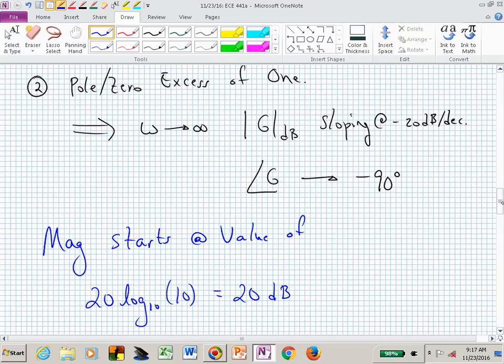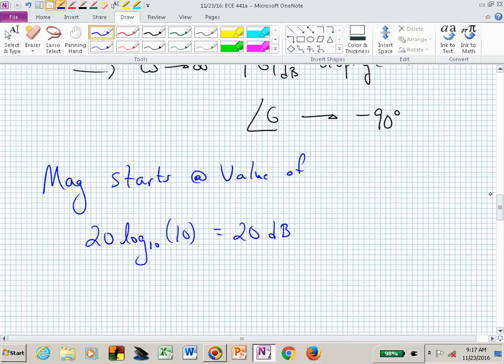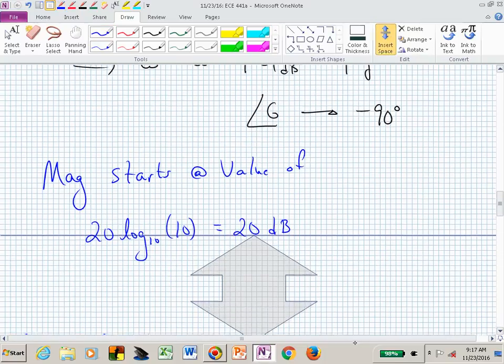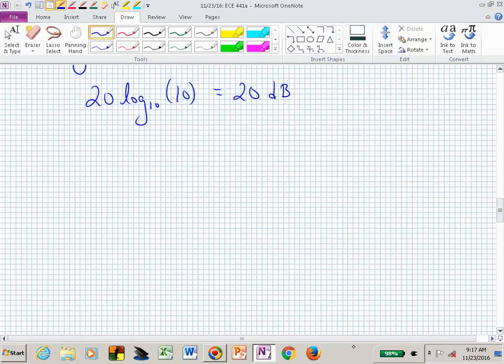And sometimes what I like to do, besides cutting and pasting, is keep track of where I'm going to be switching my sketch. Where am I going to start bending or sloping or changing the slope? That's all influenced by where my poles and zeros are, which I call my breaks.